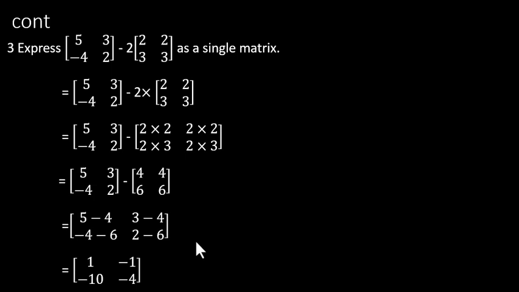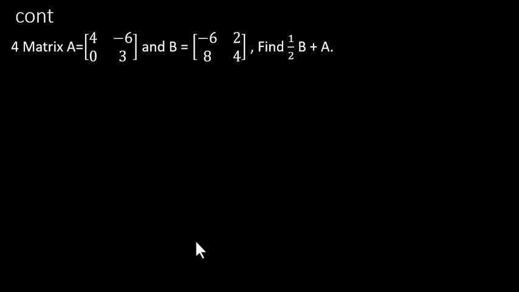Then we look at our final question for today. We are told that matrix A is 4 negative 6 0 and 3, and B is negative 6 2 8 and 4.